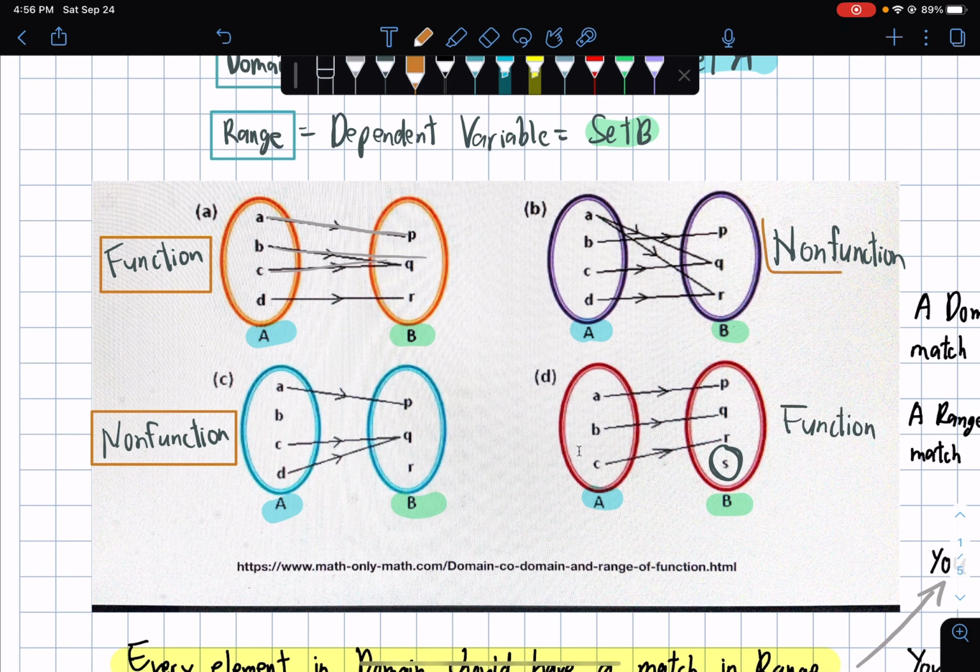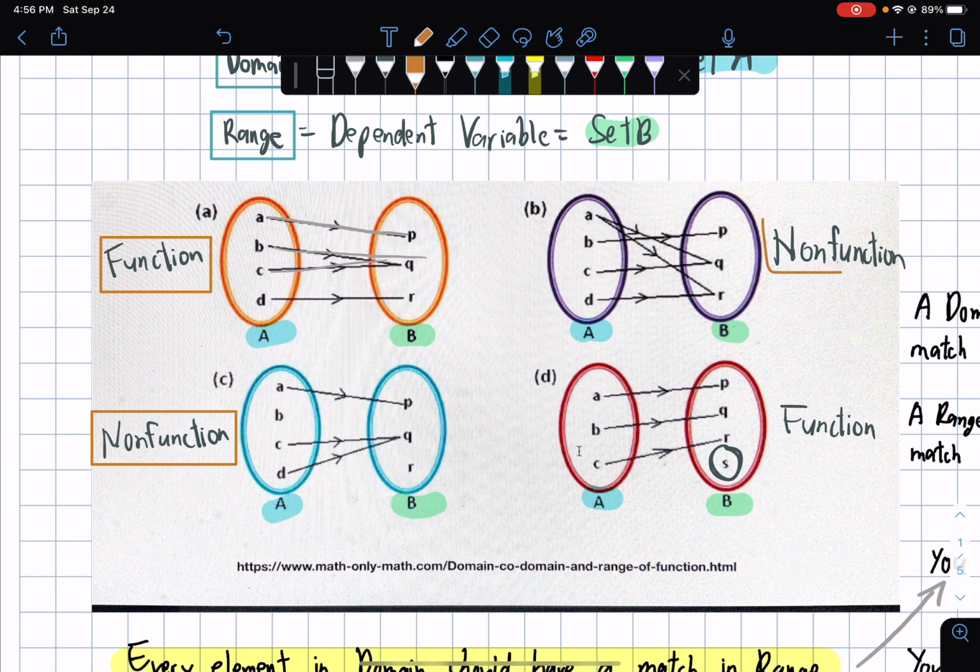So in the context of a function, x would always be referred to as the domain. It doesn't repeat. It doesn't have an affair with multiple elements in the range. It only has one match. And for letter Y, that's usually the range.